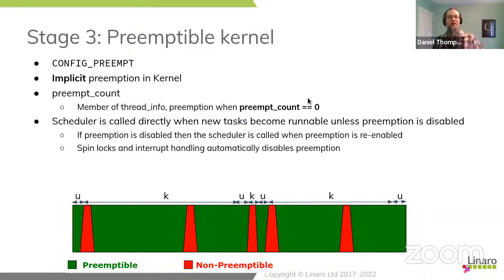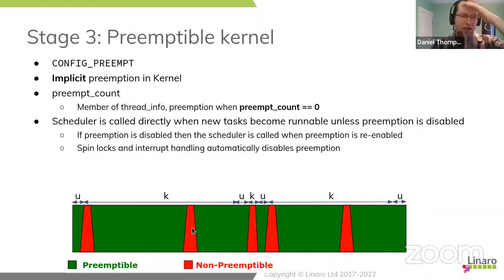And at the point we set the preempt count to 0, there is a scheduling decision point at that moment. So when a task is made runnable, there is a scheduling decision point unless preempt count is non-zero. And if there is a task made runnable with the preempt count non-zero, then as soon as it becomes 0, there then becomes a new scheduling decision point.